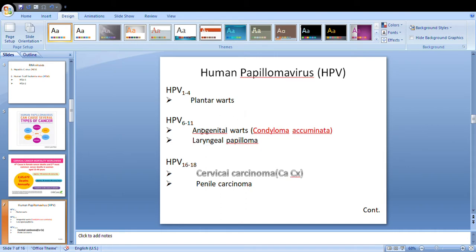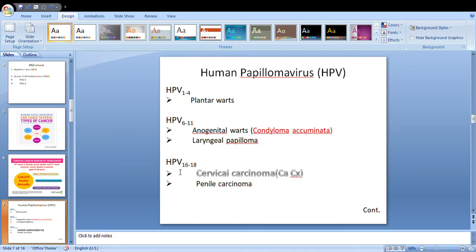Human papilloma virus 6 to 11 is the cause of the anogenital warts, which are also known as condyloma acuminata, and the laryngeal papilloma.